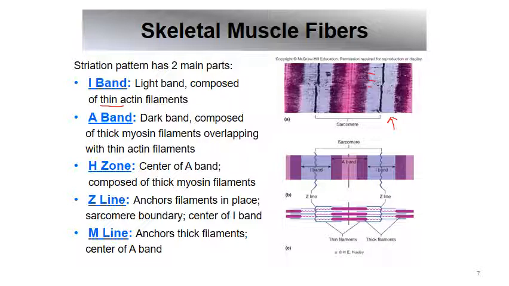The A band has both the thick and the thin. The H zone only has the thick. Z lines were the zigzaggy lines there at the border of the sarcomeres. And the M line is the tissue that holds the thick filaments in place. And so here, this line is the M line.